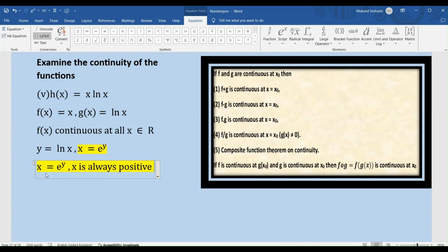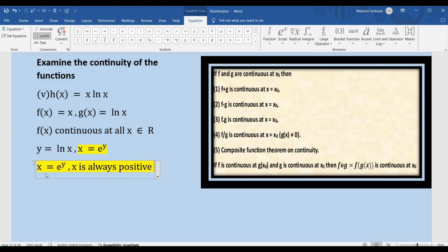Now, when x is always positive, what does it mean? It starts from zero, right? So that is what we mean by x is always positive. But when you look at this particular function, x equals e to the power y, when does x take a value 0, right?